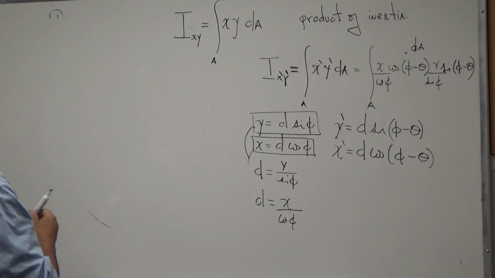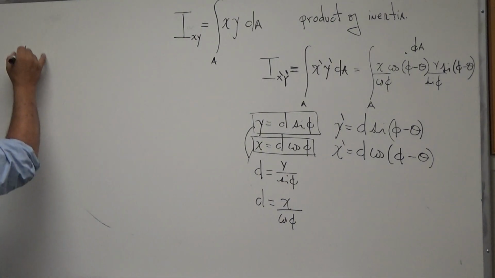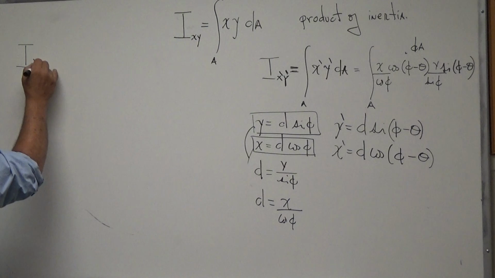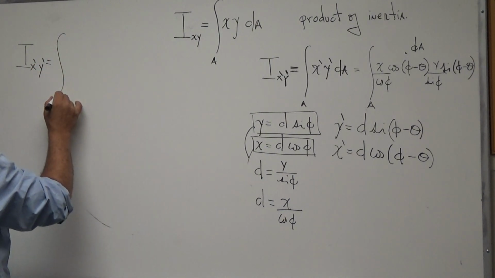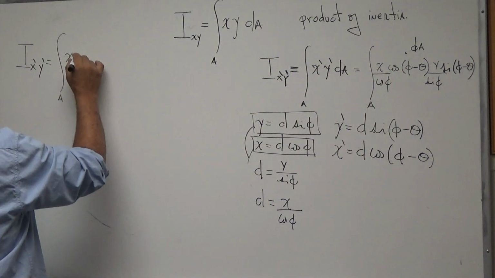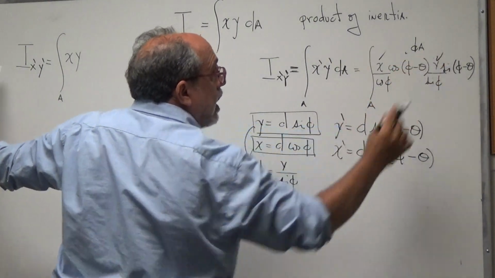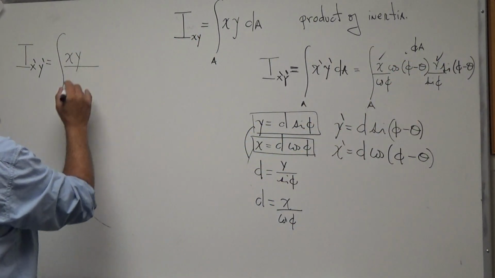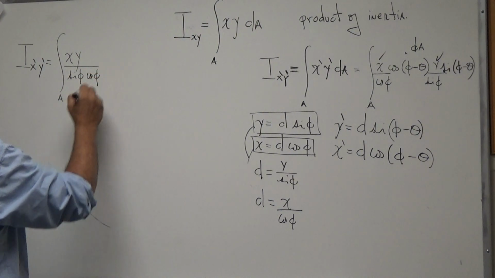But, so I'm going to write this Ix prime y prime here for you, which is the integral. I'm just copying, but in a little bit more organized way. X times y, so that's that x, that y. The denominator is sine of phi, cosine of phi.